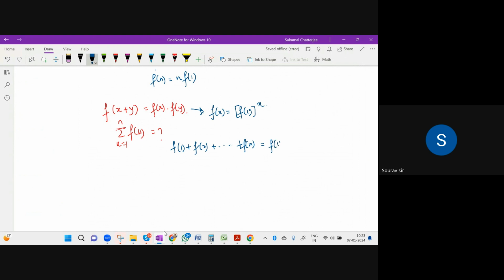Everything will be in terms of f of 1. So f of 2 would be f of 1 square, and then up to f of 1 to the power n. This is simple GP, right? Clear? Okay.